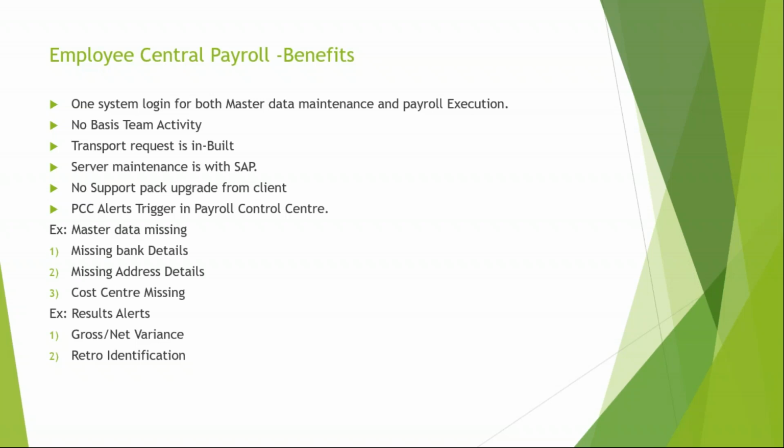Okay, 100 clients will have 100 requirements, so I will explain the general scenarios. If you see below, gross to net variance: last month you had 100 pounds, this month it is 150 pounds, so the difference is 50 pounds. That type of alerts I will also cover.